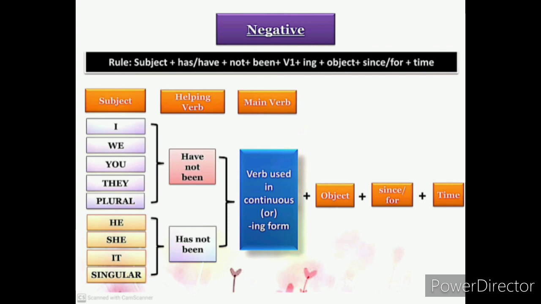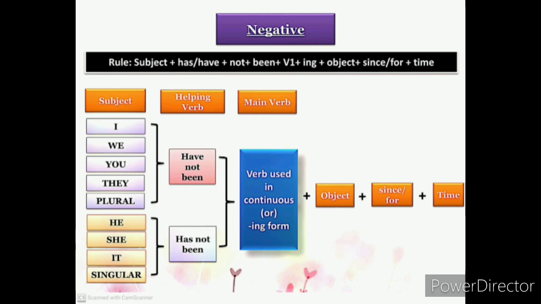With subject he, she, it singular, we use has not been and then after that v1 plus ing plus object then since or for and then time. For example, I have not been writing a letter since 10 o'clock.